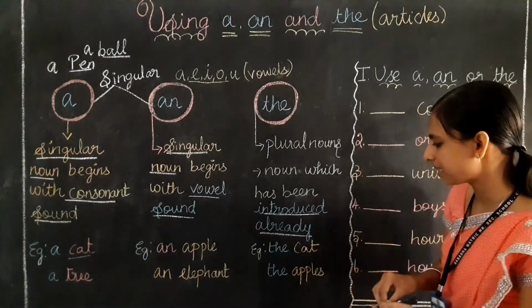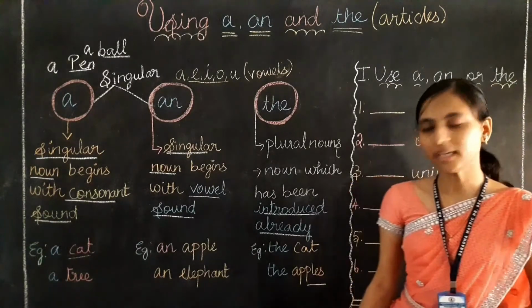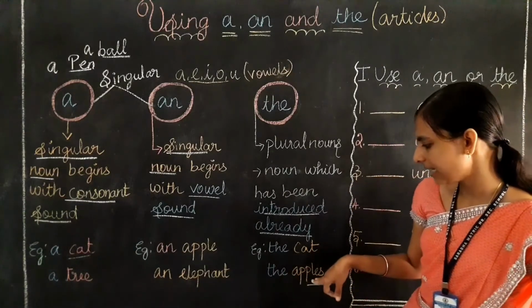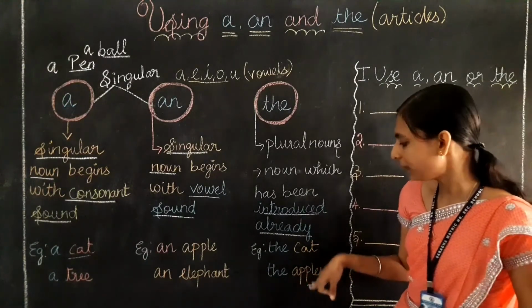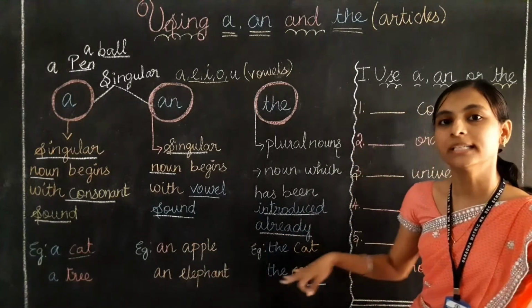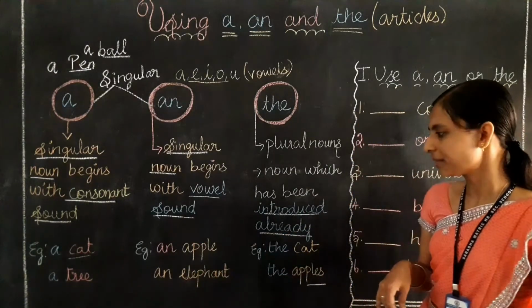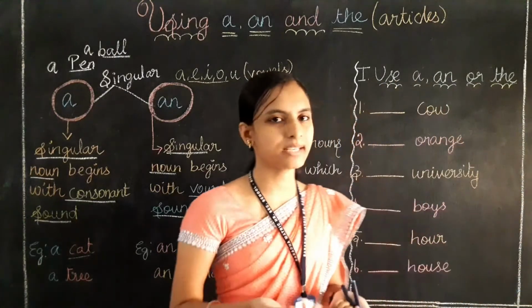See here, the apples refers to a plural noun. Am I right? See, es is added to the word apple, so it's a plural. If it is singular, I can say an apple, but it is plural, so I am using the apples. Clear, children?